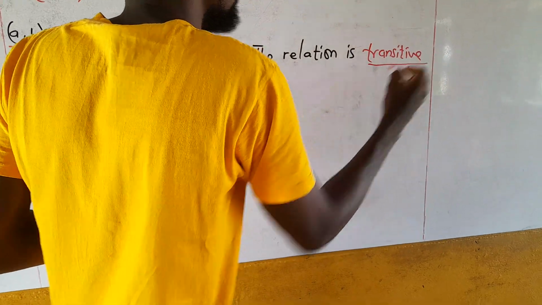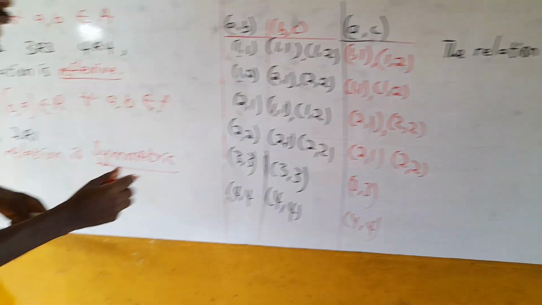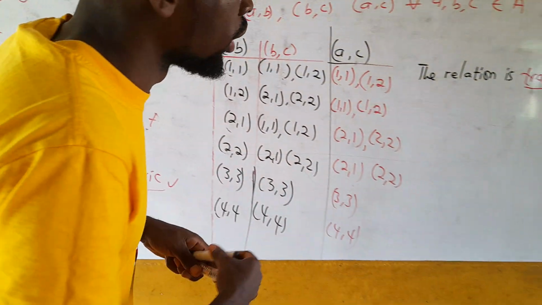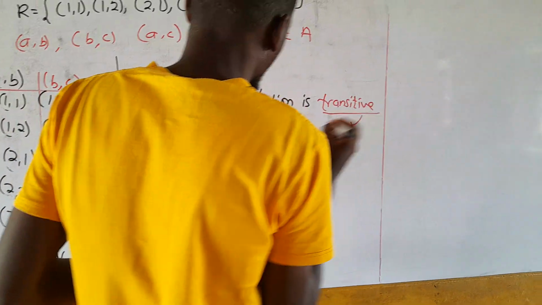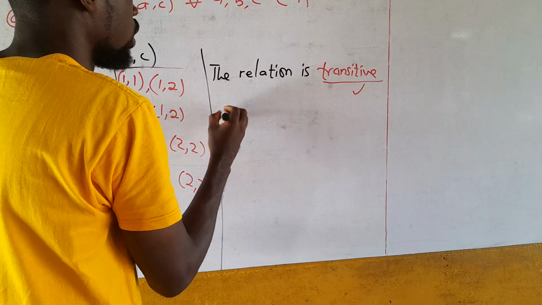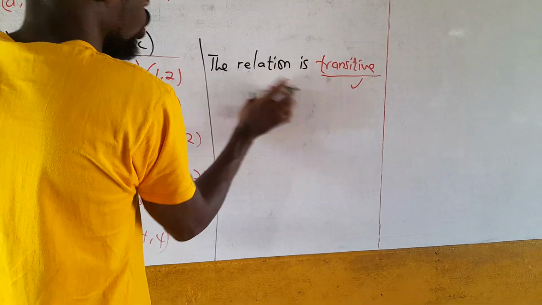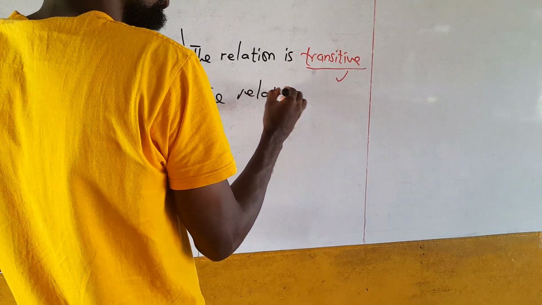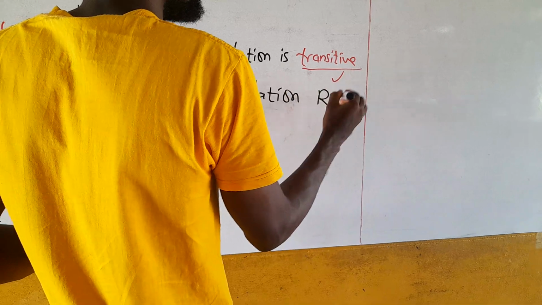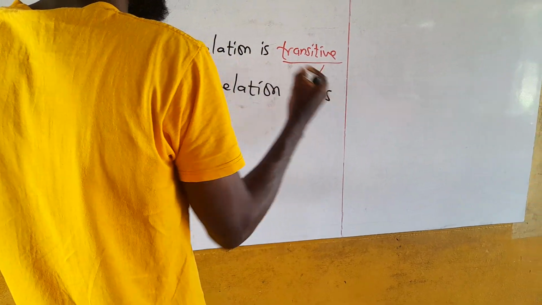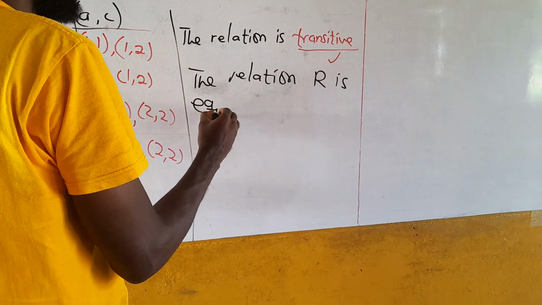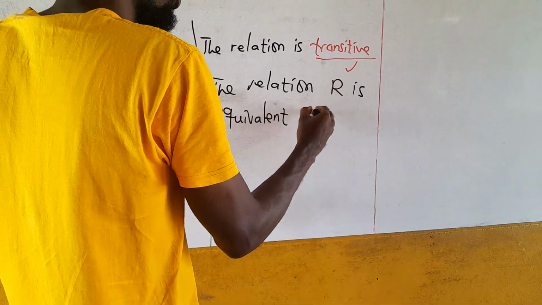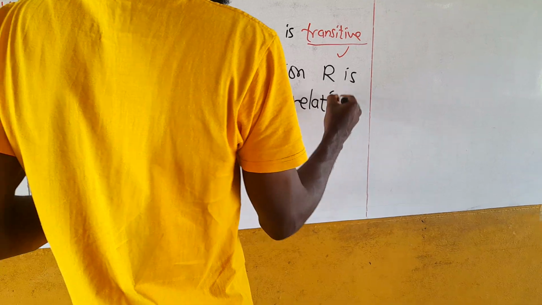So since the relation is transitive, it is symmetric and reflexive, we can conclude that the relation R defined on the set is an equivalence relation. I hope you get that. This is not anything difficult.